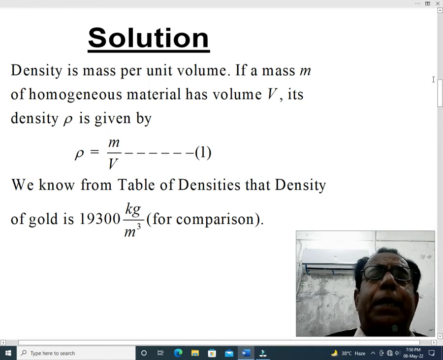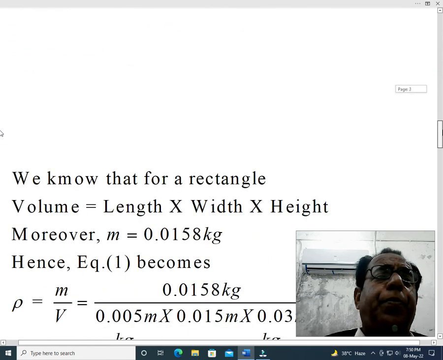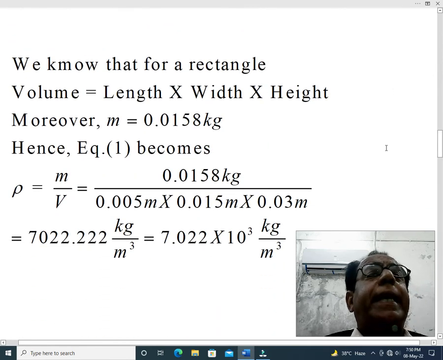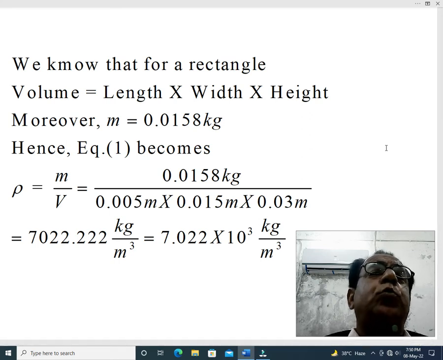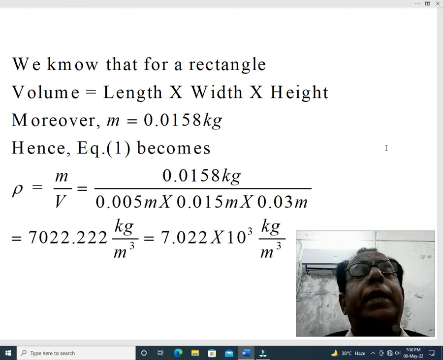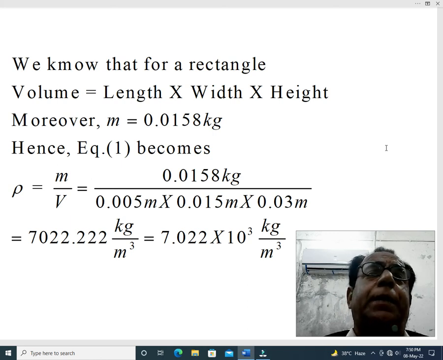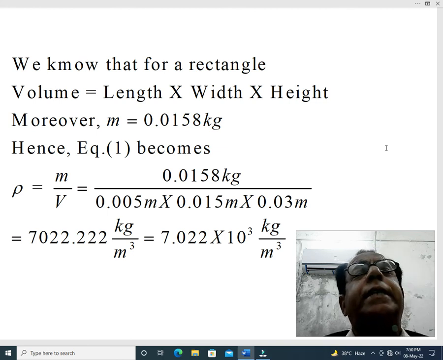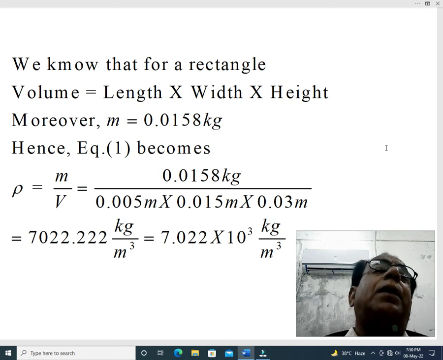Now in the next step, we know that for a rectangle, volume is equal to length into width into height. Actually formula for calculating volume differs according to different geometrical shapes. Here rectangle is under consideration, so its formula is the simplest among all various geometrical shapes.